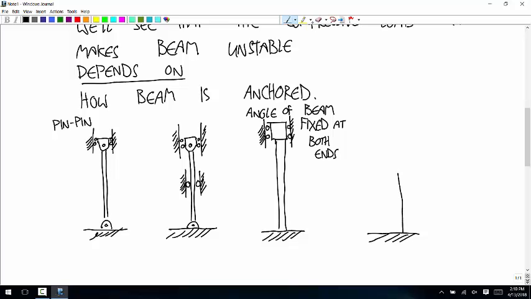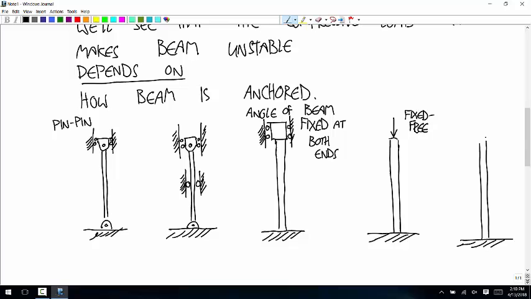And we'll do a beam that's fixed at one end and totally free at the other end. And we'll do one where it's fixed at one end and pinned at the other end.